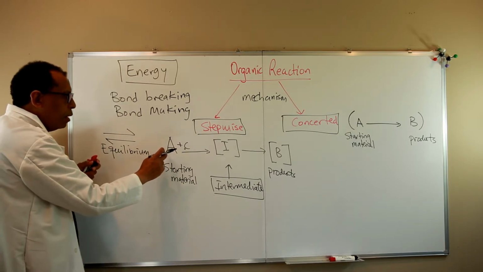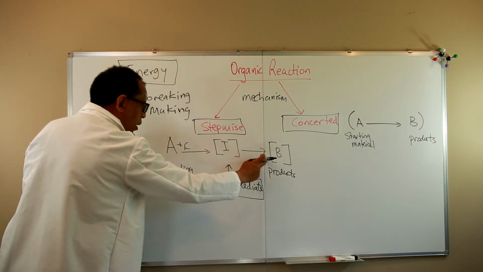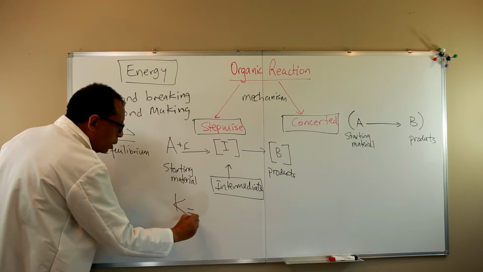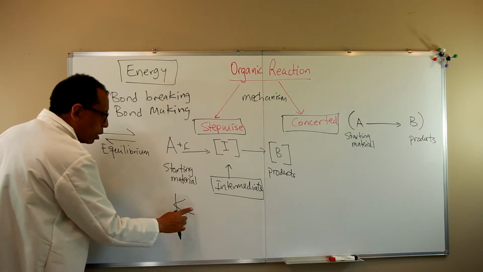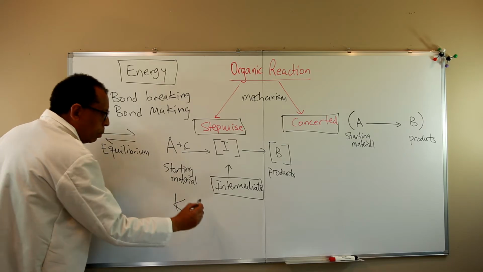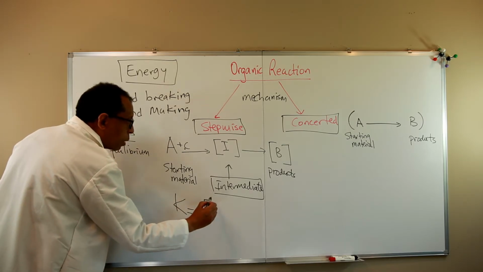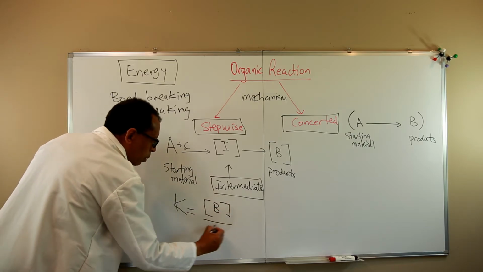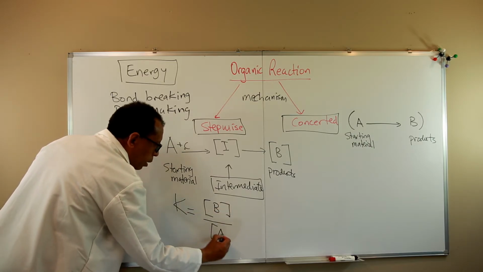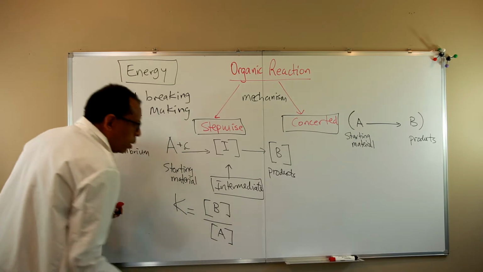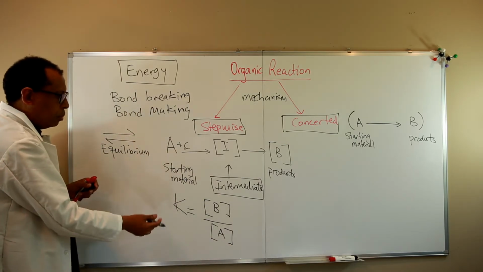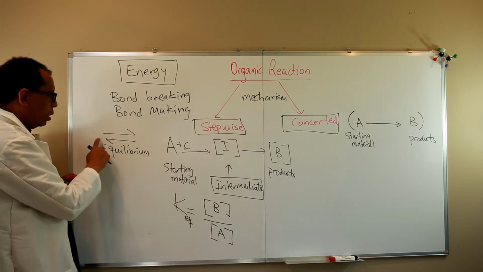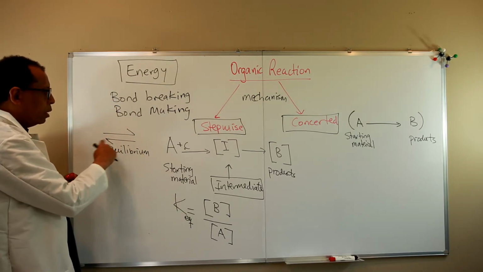For example, going from A to B, the equilibrium constant is the concentration of B at equilibrium over the starting material A. So this is the ratio of the two that gives you the equilibrium constant. The reaction is designated with a double arrow.